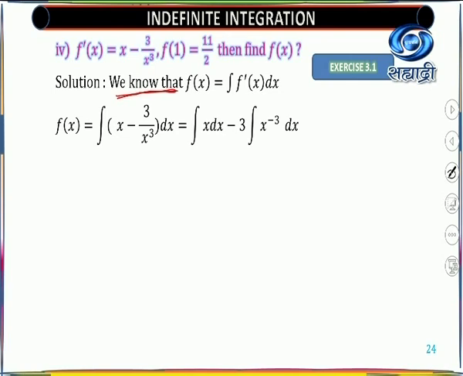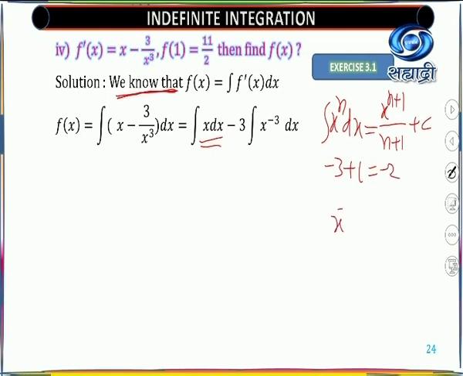Look at here, you are using the formula integral x raised to n dx. That formula says x raised to n plus 1 upon n plus 1 plus constant of integration. So here you will get x square upon 2. Here minus 3 plus 1 means this is minus 2. So you will get x raised to minus 2 upon minus 2.